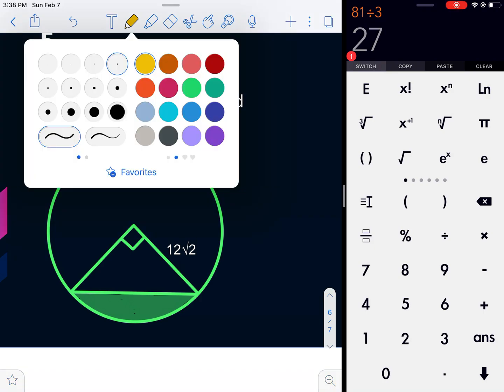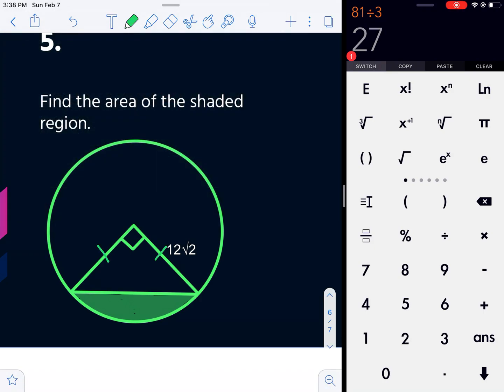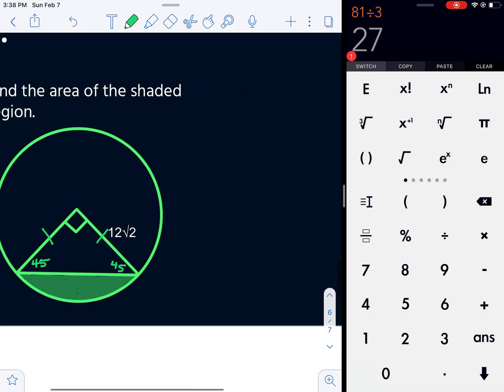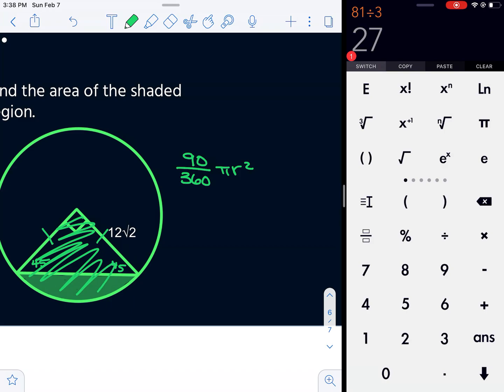On this last example, I know this is isosceles because these are both a radius, which means I know since it's a right isosceles triangle, it's a 45, 45, 90. I have a circle, but I'm only keeping 90 degrees of it. So that would be this much.